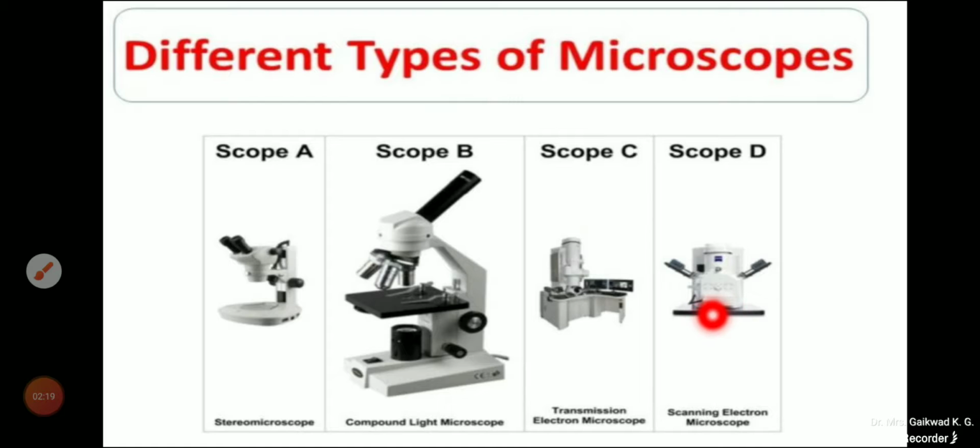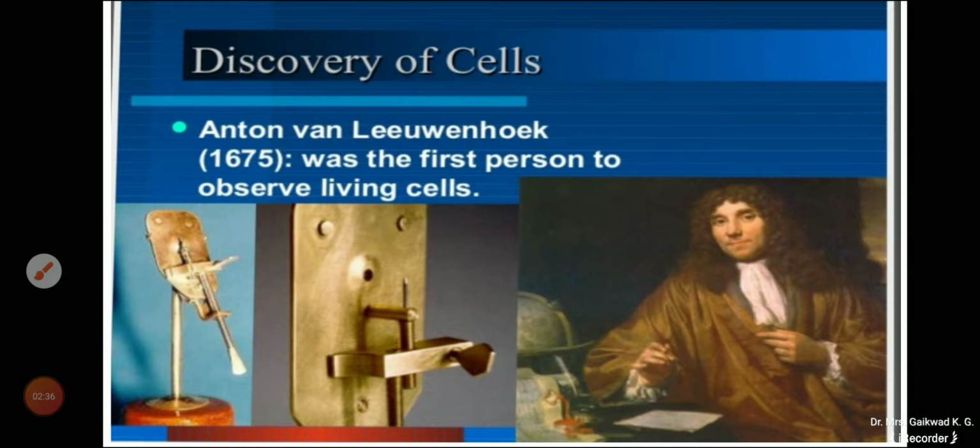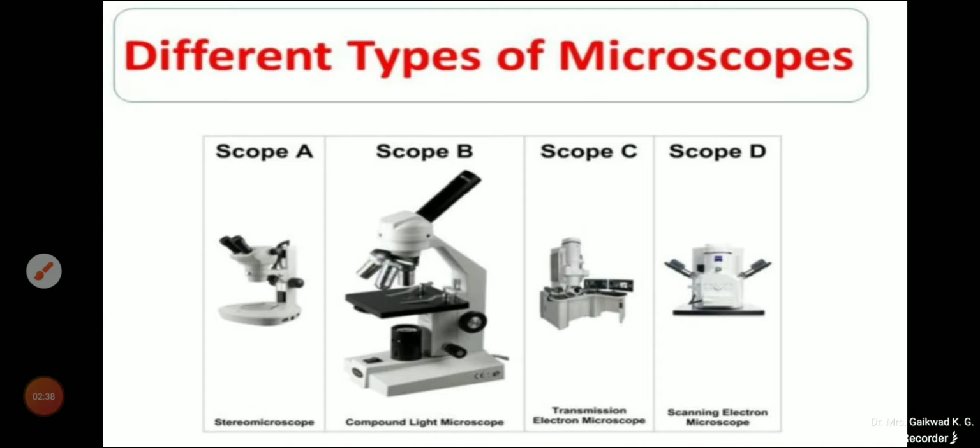Both these microscopes, here we just see the smaller ones, but actually these are huge, and take up a whole room. These electron microscopes can magnify the image up to 5 lakh times.